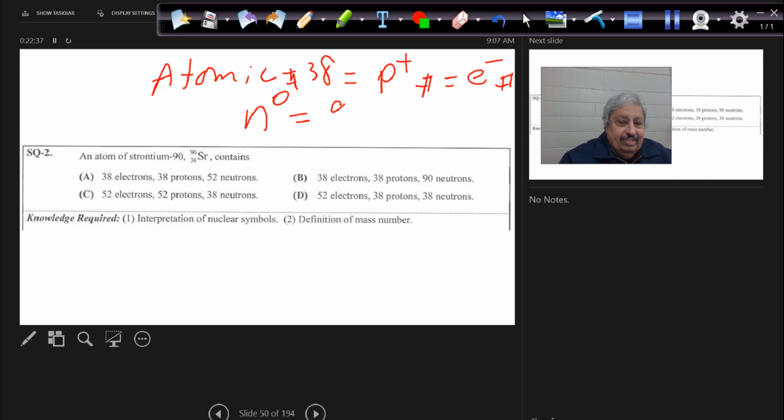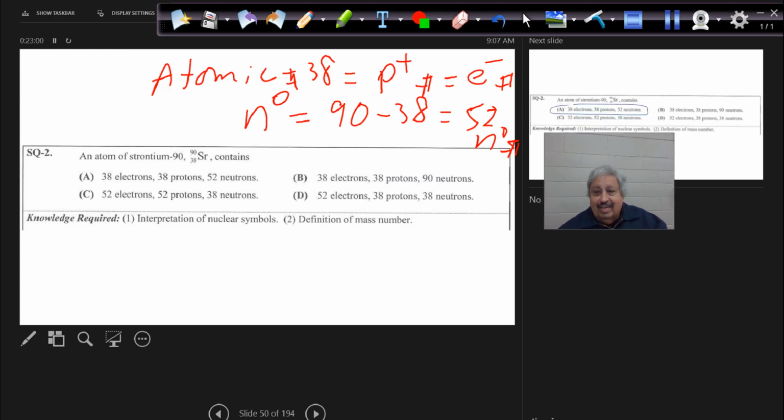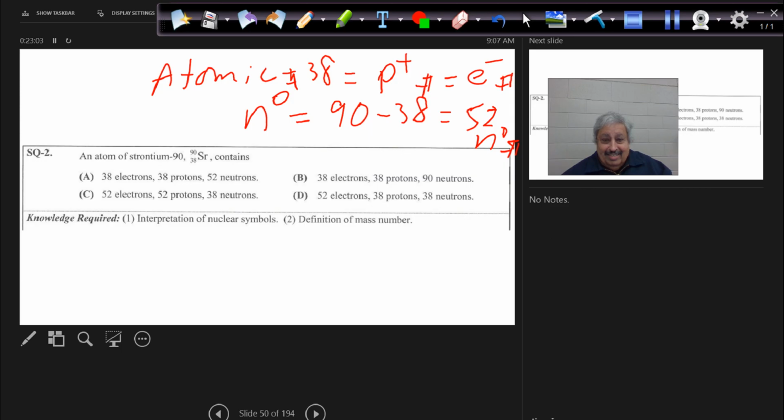The neutron number is 90 minus 38, which will be 52, correct? So 38 protons. Which one? A. Sounds good to me. The answer is A. That's not a guess, but we solved it. Okay, good.